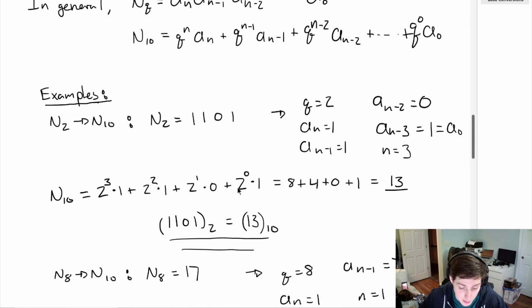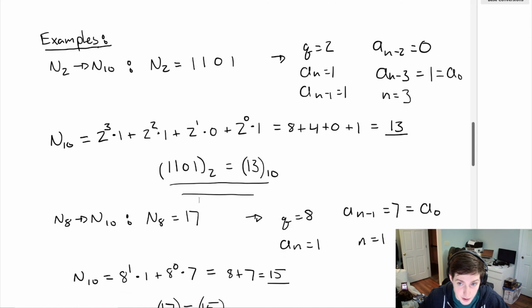We can follow that through. We can simply expand that to be 8 plus 4 plus 0 plus 1, and that's equal to 13. So then we can finally express that 1101 base 2 is equal to 13 base 10.